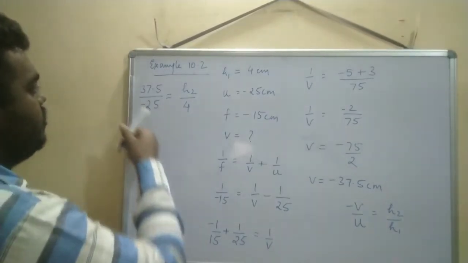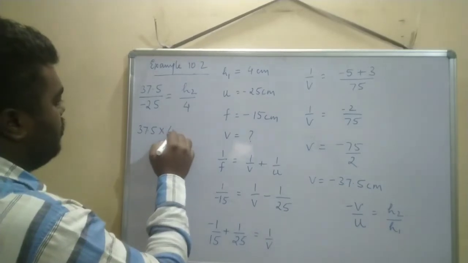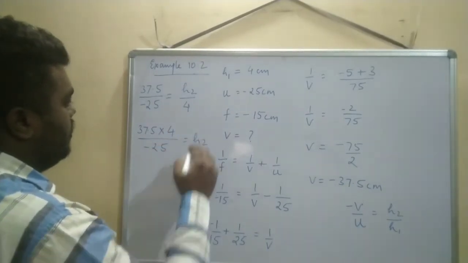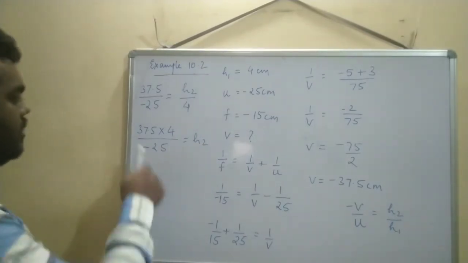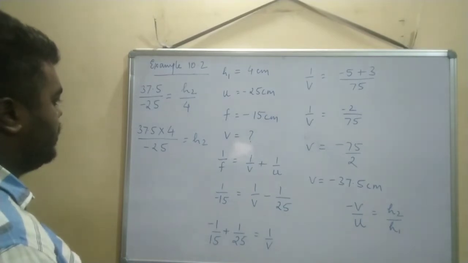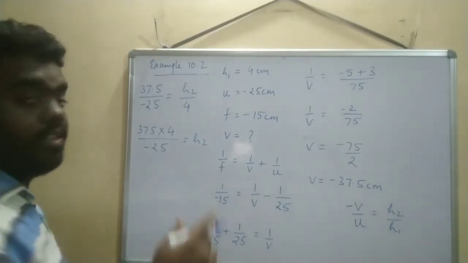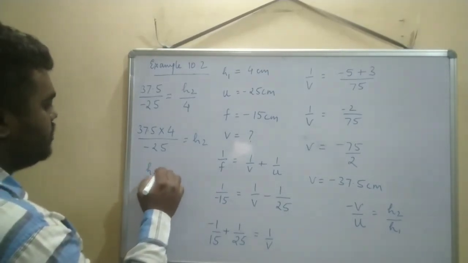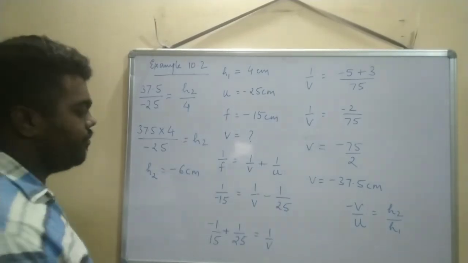Now we are taking this 4 to the left side, into 4. Now when we solve 37.5 by 25, it is 1.5, and 1.5 times 4 is 6. So it comes out to be h2 equal to minus 6 centimeter.